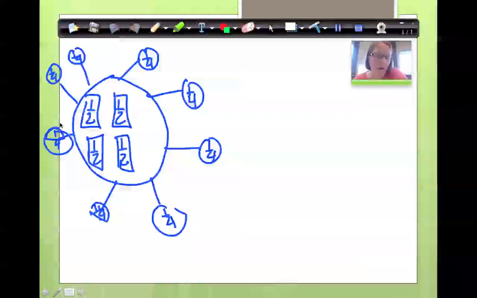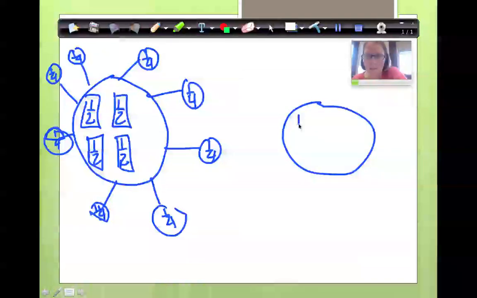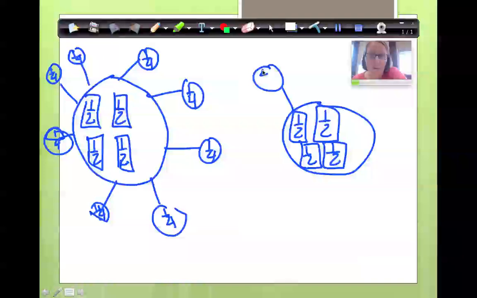Okay, that's one number bond. Here's my other number bond. Okay, so now let's check them out. Let's see if they're equivalent or if they're even correct.